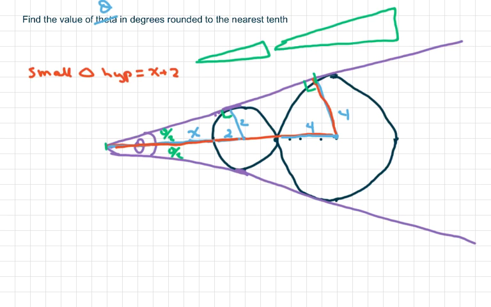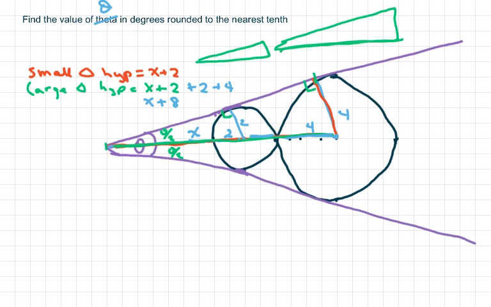And the hypotenuse of the larger one is this whole length here, the big one. So I'm just going to add everything up. The large triangle hypotenuse equals this x here, plus the 2, plus, let me do this in blue, another 2, plus the 4. So this is going to be x plus 8.